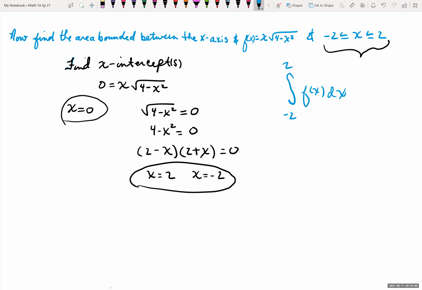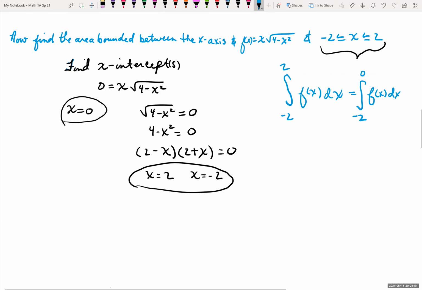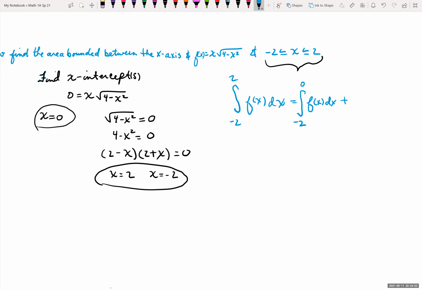And this was equal to the integral from negative 2 to 0 of f of x dx, plus the integration from 0 to 2 of f of x dx.